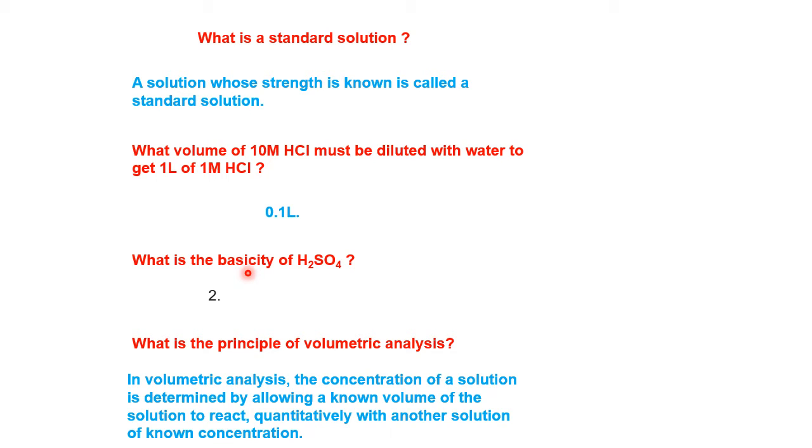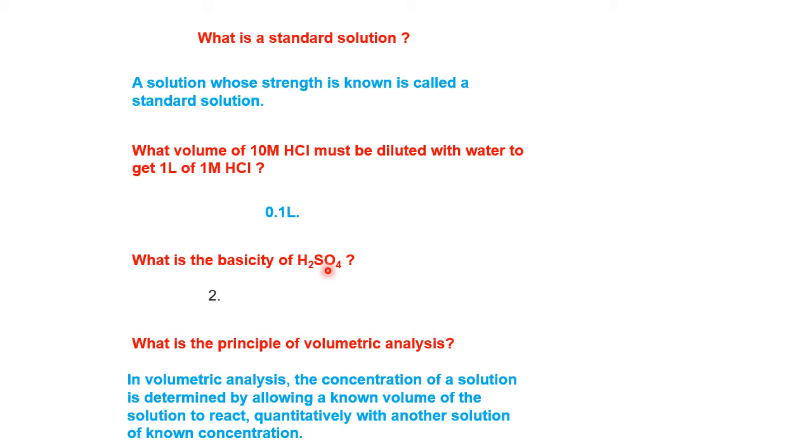What is the basicity of sulfuric acid? Basicity means the number of replaceable hydrogen atoms in an acid. How many hydrogens can it donate? According to the Arrhenius theory, a hydrogen donor is an acid. Therefore sulfuric acid contains 2 hydrogen atoms, and these 2 are replaceable.